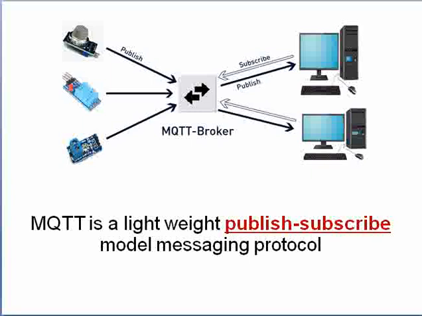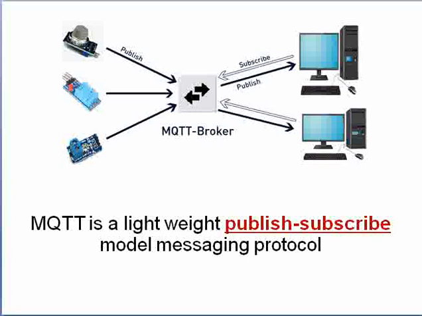So what is MQTT? MQTT is a lightweight publish subscribe type of messaging protocol. So MQTT is basically a messaging protocol. Ultimately, you are going to transfer the messages, and it is called lightweight. So what do we mean by lightweight? It doesn't require that much bandwidth.